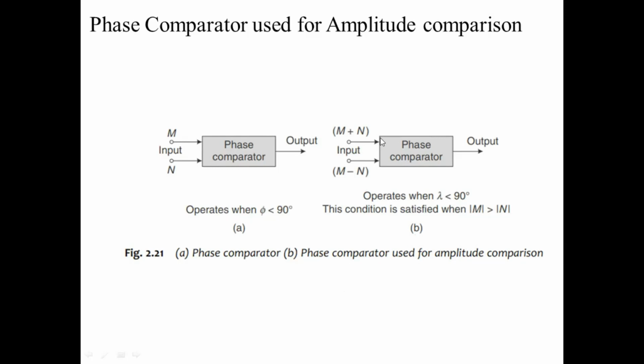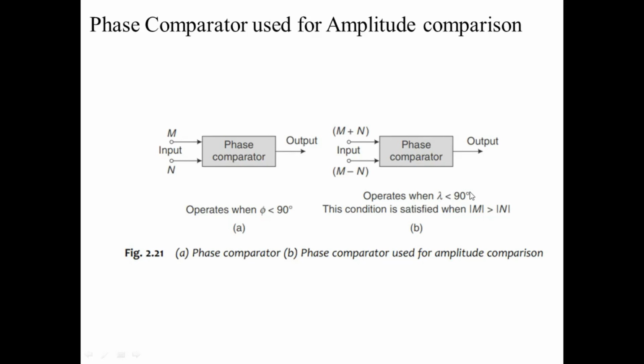In that case, M plus N is your operating quantity and M minus N is your restraining quantity, and here is the output. As for when the relay operates: for the first figure, it operates when phi is less than 90 degrees. When a phase comparator is used for amplitude comparison, it operates when lambda is less than 90 degrees, and this condition is satisfied when operating quantity is greater than restraining quantity and lambda is less than 90 degrees.